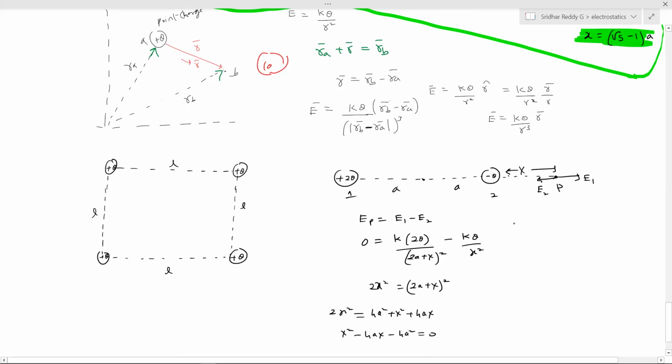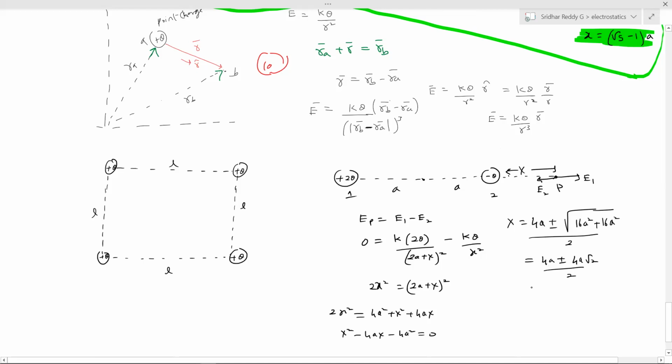Okay, now we'll solve this. This is a quadratic equation for x: x equal to 4a plus or minus root of 16a square plus 16a square, by 2. This will be 4a root 2 by 2. 16 plus 16 is 32, and 32 is 16 into 2.